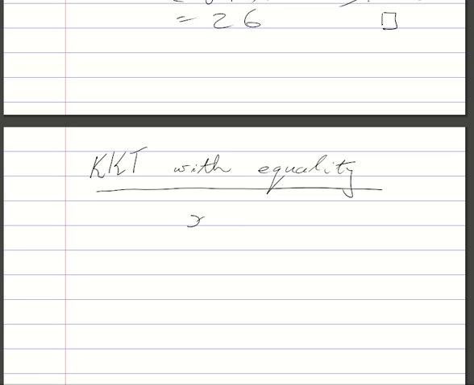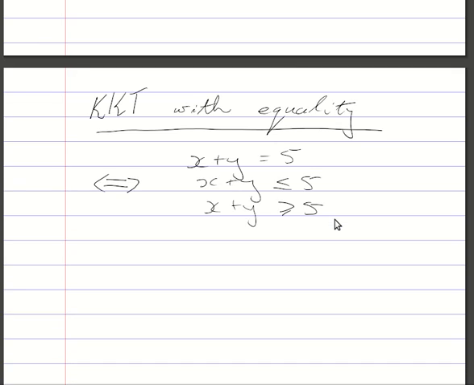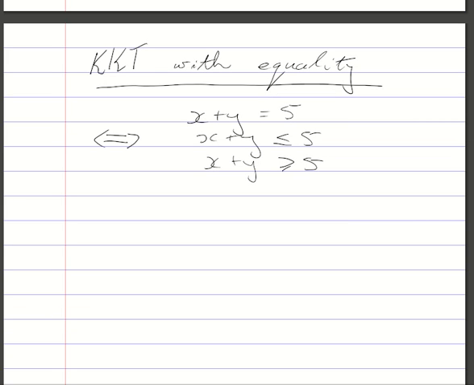So we had an equality constraint x plus y is equal to 5. Now that's the same thing as saying that x plus y is less than or equal to 5 and x plus y greater than or equal to 5. Because if something has to be less than or equal to 5 and greater than or equal to 5, it can only be 5 itself.